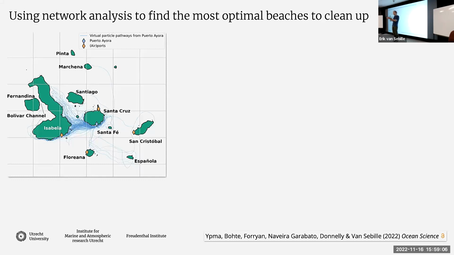And if you remember from my very first animation, the currents move away. It was in the zone that very quickly emptied out because there's upwelling, because the water comes mostly from the deep. So we're trying to do this in the Galapagos. And in the Galapagos, only 3 of the islands are inhabited.